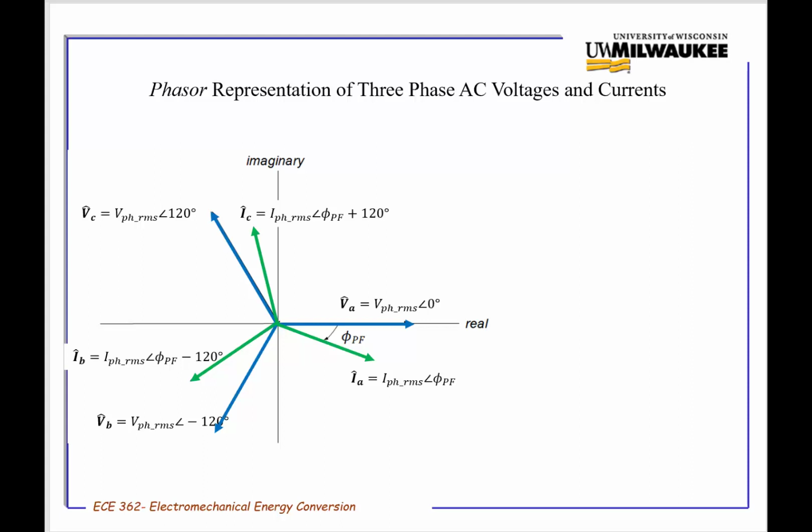Now let's go back to this phasor representation of the 3-phase AC voltages and currents for just a moment. And I want to point something interesting out to you. We have, of course, symmetry, 120 degree symmetry between the phase currents and the phase voltages. I'm going to show you something with a phasor diagram.